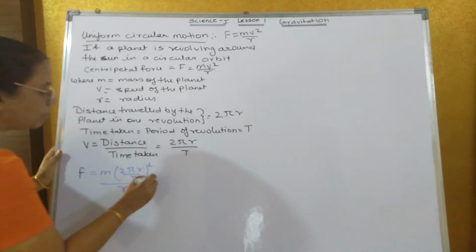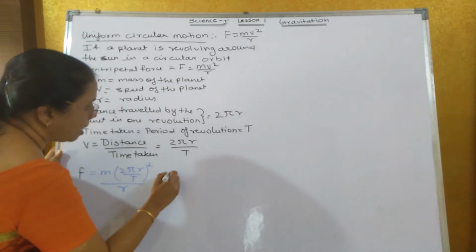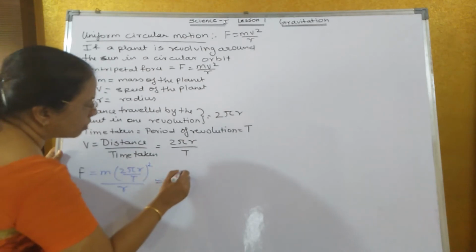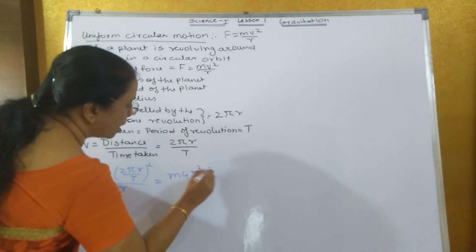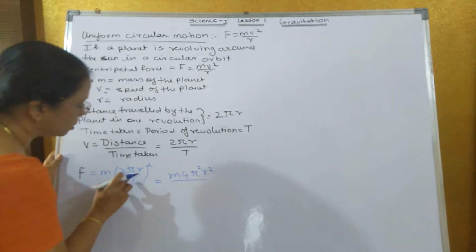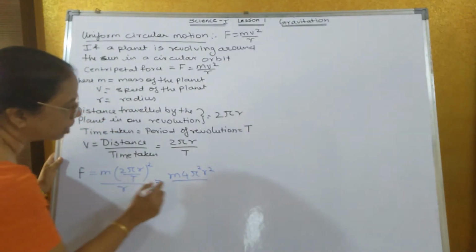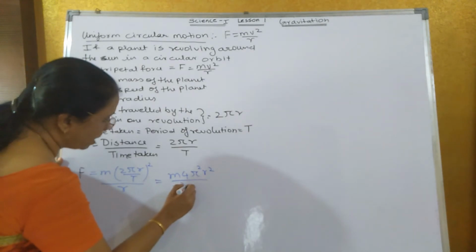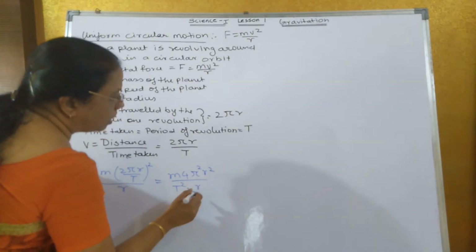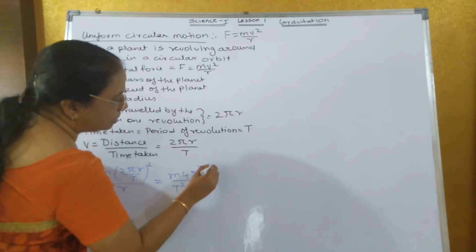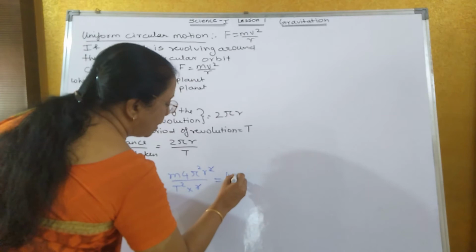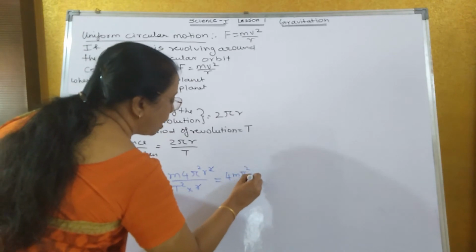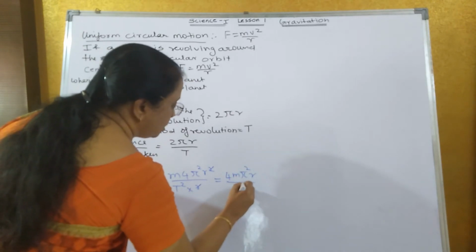Now when you open the bracket, you get m into 4 pi square r square upon t square into r. One of the r will get cancelled, so what is left is 4m pi square r upon t square.